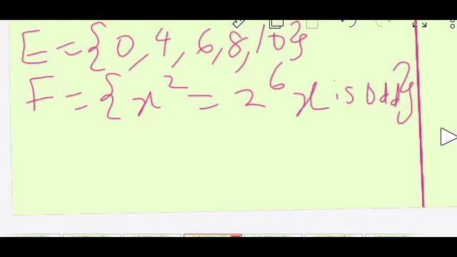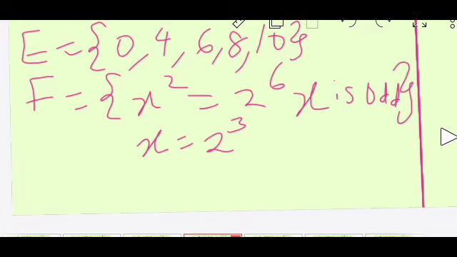Getting this value tells us that our x can never be an odd value. In this kind of situation, it tells us that we can never get the value of x. So that means that F is an empty set.